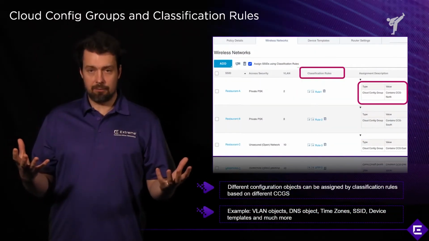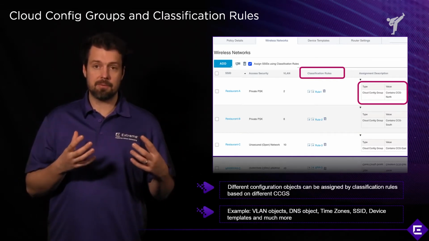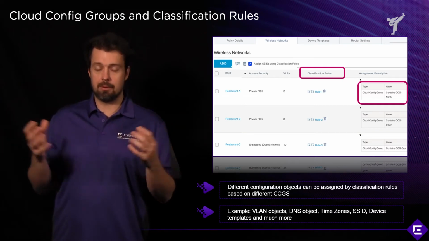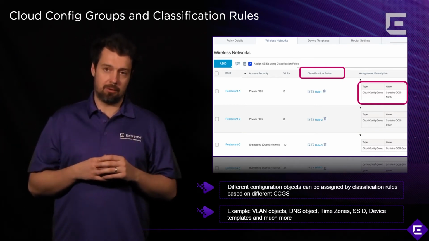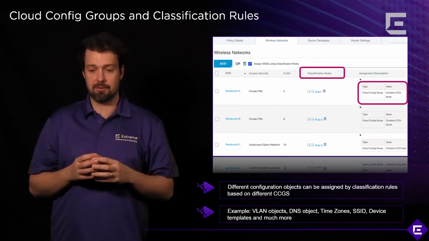So let's tie all of this together. Once you create cloud config groups, you will then add access points or switches or routers to be members of that specific cloud config group. And that basically assigns a tag to that group of devices.